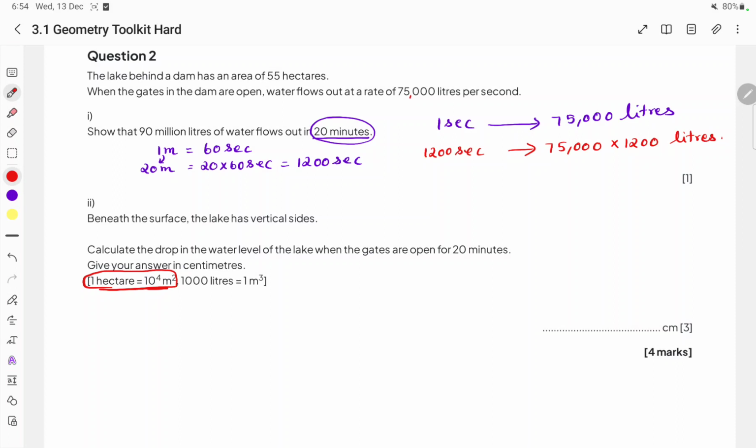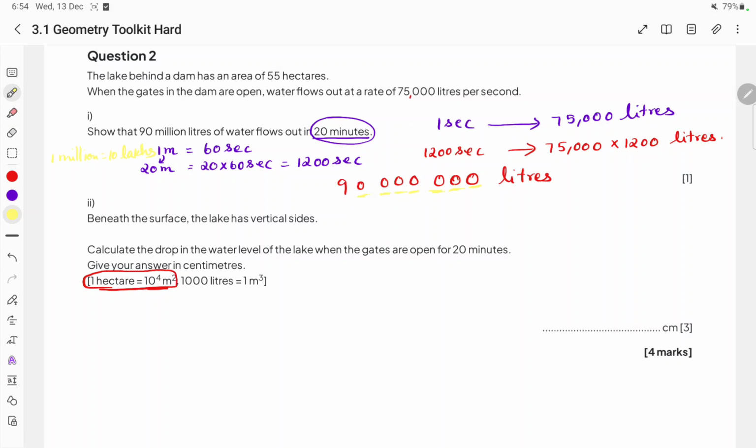Now if you calculate this with a calculator, 75,000 into 1200, you will get 9 0, 3 zeros, again 3 zeros. So this much liters we have. And million is what? 1 million is equal to 10 lakhs. So ones, tens, 100, 1000, 10,000, lakh, 10 lakh.